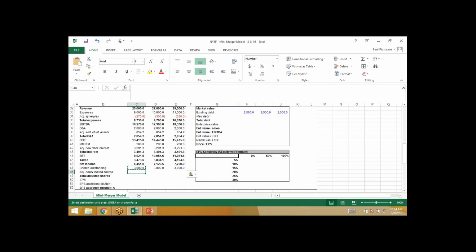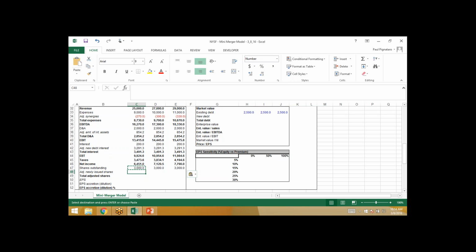And we now calculate the new shares. You okay?